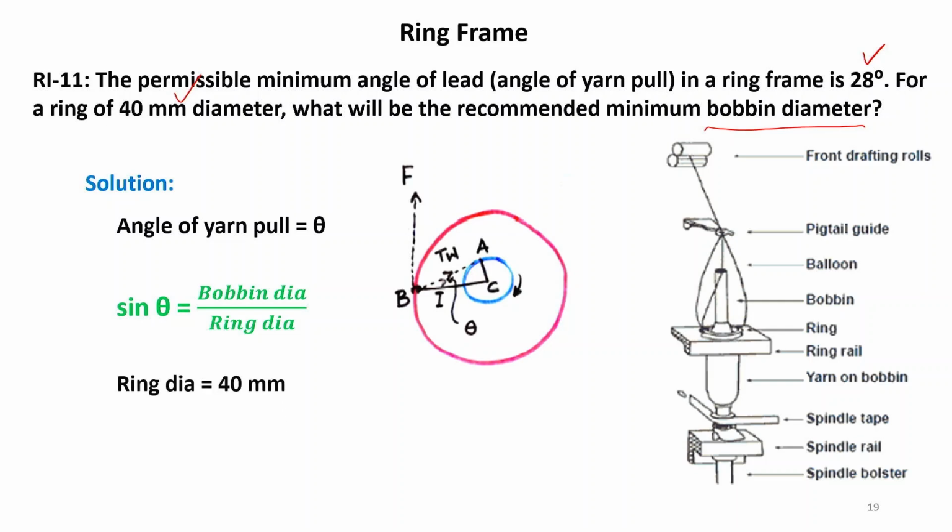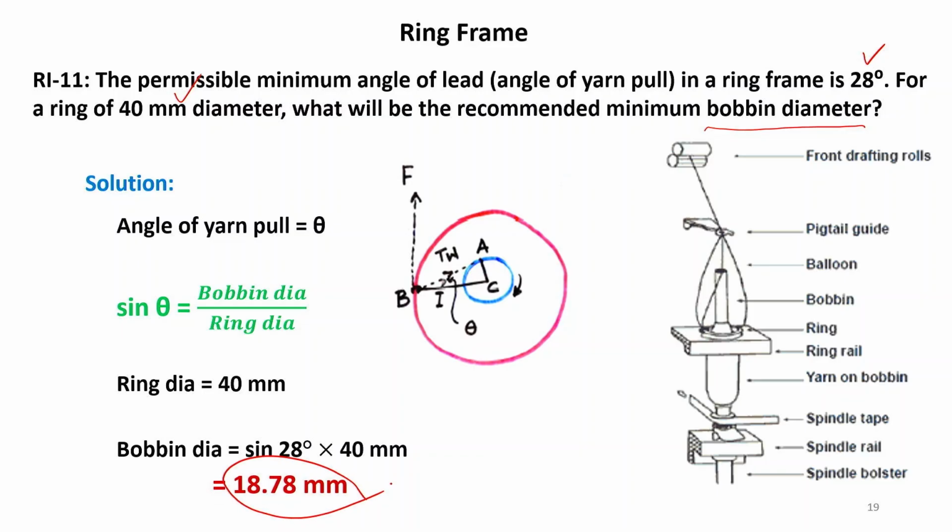Ring diameter is given, and minimum angle of lead is 28. So, the minimum bobbin diameter will be sin 28 multiplied by 40, it will be 18.78 millimeter. If we use a bobbin diameter less than that, there will be huge yarn tension, so we will not be able to spin the yarn.